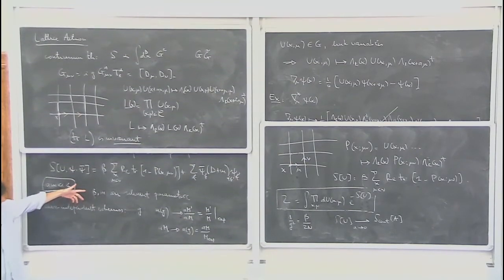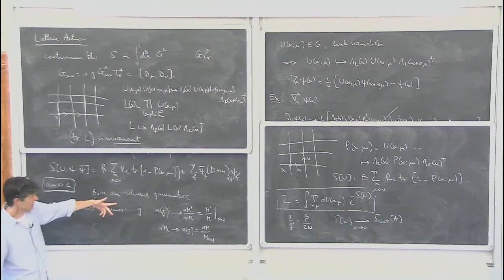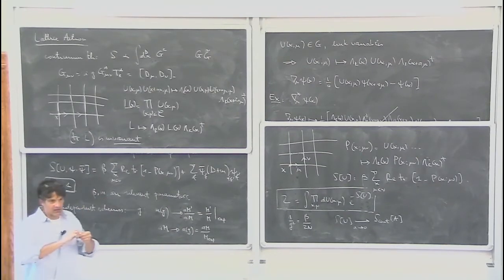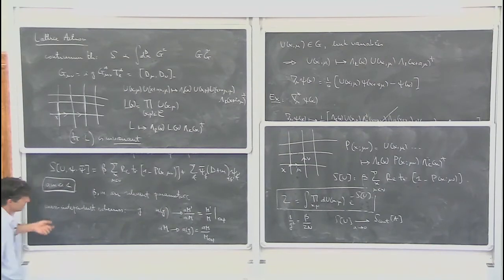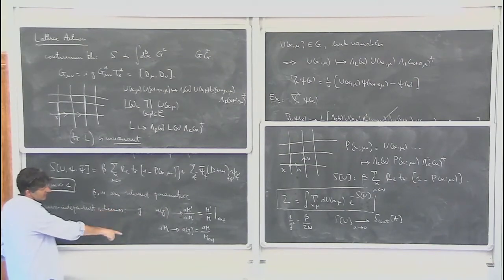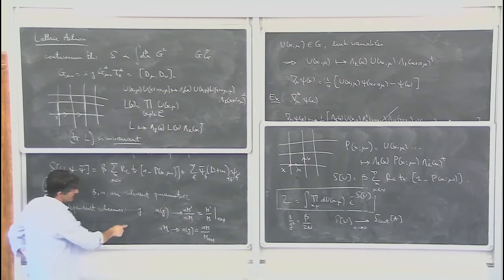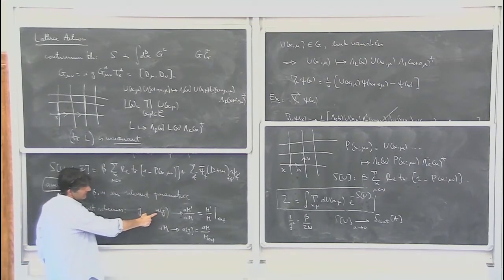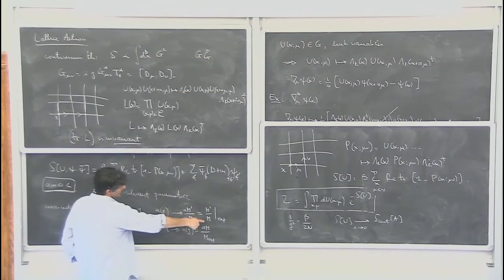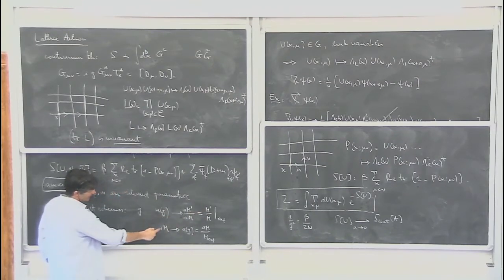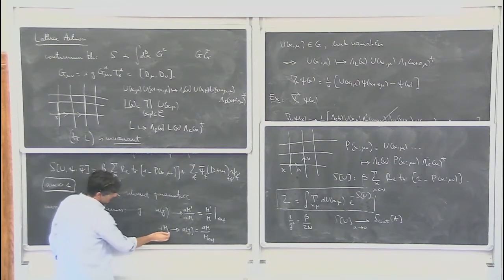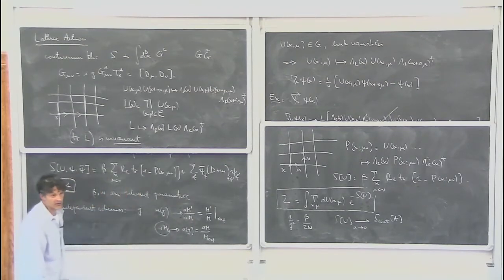Remember, we said the bare parameters are functions of the cutoff. Okay? So the way they flow is called your renormalization scheme. So the way we realize the renormalization scheme in this framework is that for every value of g, we fix the value of m by matching some ratio, say, of physical masses, and then we determine the value of a by looking on the lattice at some physical scale, and again, comparing to the experimental value.